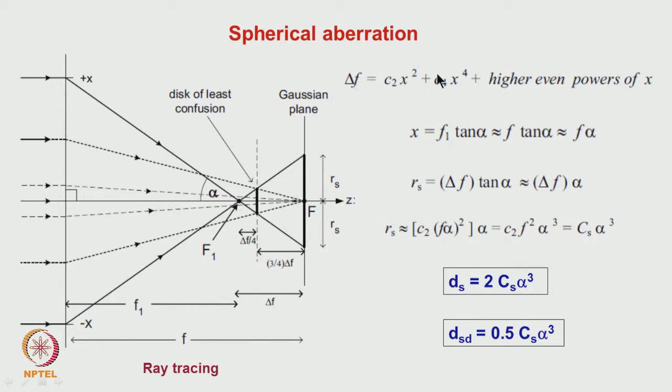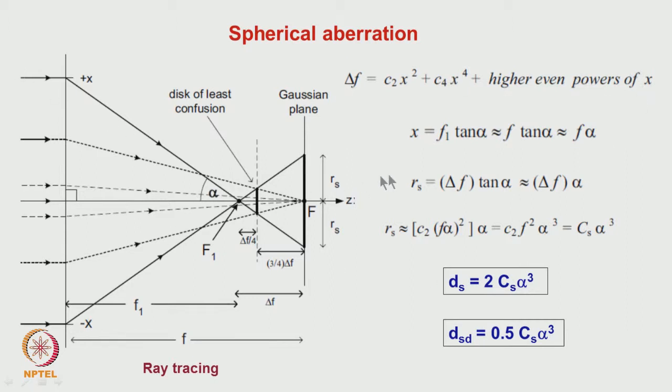This delta f can be represented in terms of some constant times the distance from the center, where x is up to the radius of the lens, that is, c2 x squared plus c4 x to the power of 4, plus higher order terms it can be written.